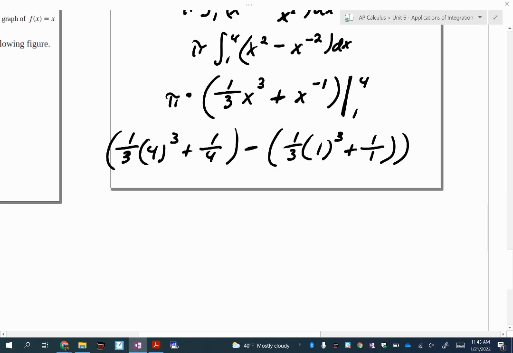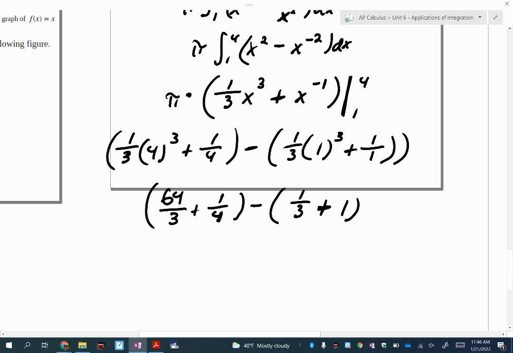Okay, so now 4 cubed is 64, so 64 thirds plus 1/4 minus 1/3 plus 1.